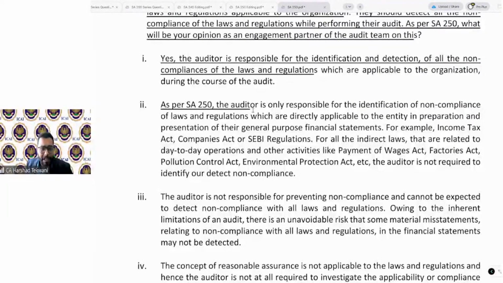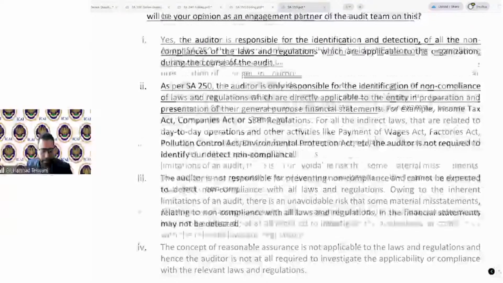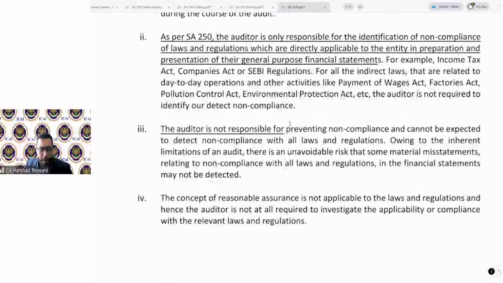As per SA 250, the auditor is only responsible for identification of non-compliance of laws and regulations which are directly applicable to the entity in preparation and presentation of general purpose financial statements. The auditor is not responsible for preventing non-compliance and cannot be expected to detect non-compliance with all laws and regulations.